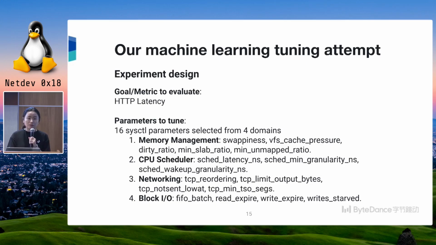But that's not scalable, especially for our first attempt at a POC. So with the help of my colleagues in the domain, we have selected 16 control parameters from the 4 domains that Chris had previously mentioned. Those domains, again, are memory management, the CPU scheduler, networking, and the block I/O. We have put a list of all of those 16 here for your reference.